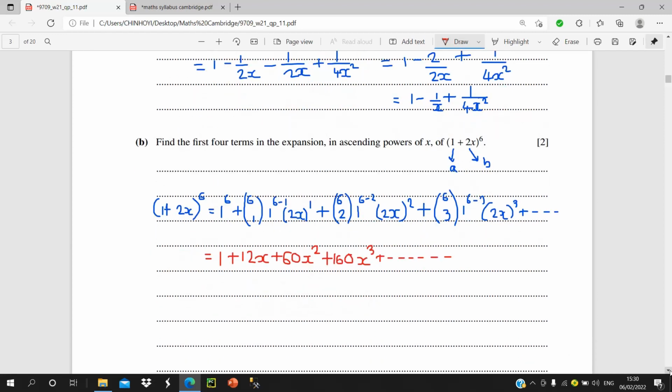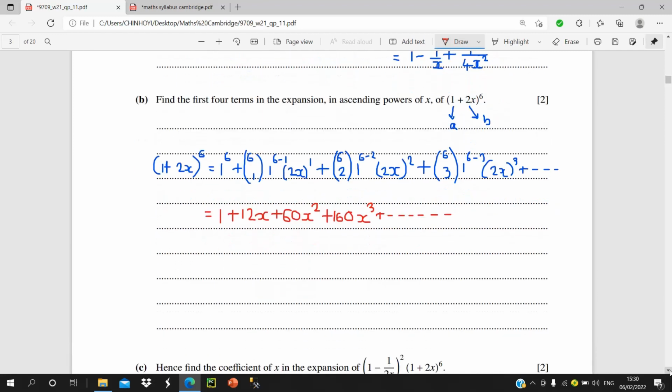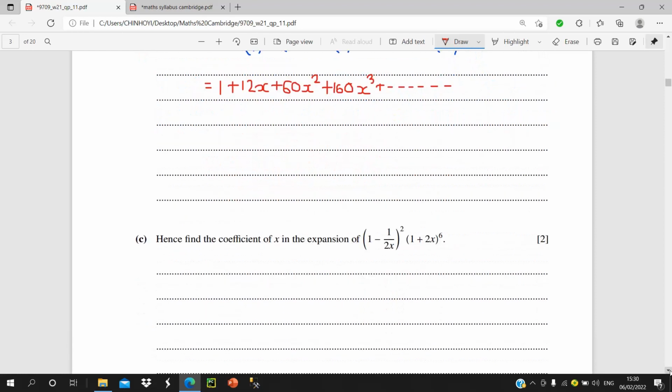Then moving on to C. Hence find the coefficient of x in the expansion of this. Like what I said earlier, if you see the question saying hence, it means you have to use the previous results in determining this solution.